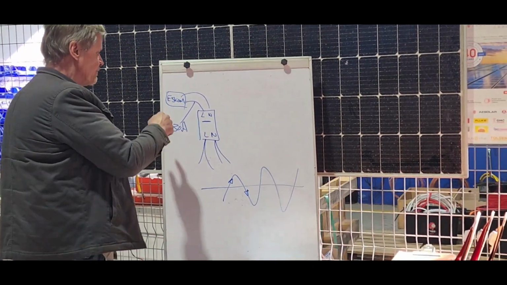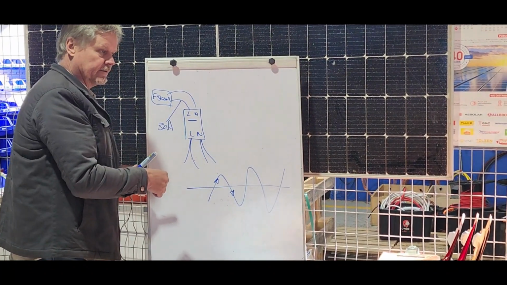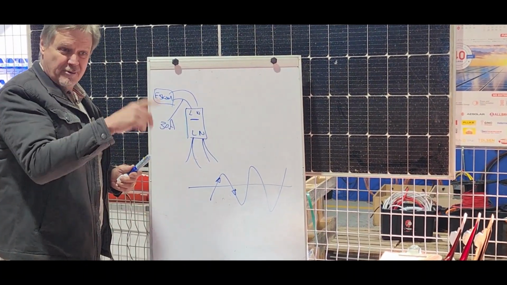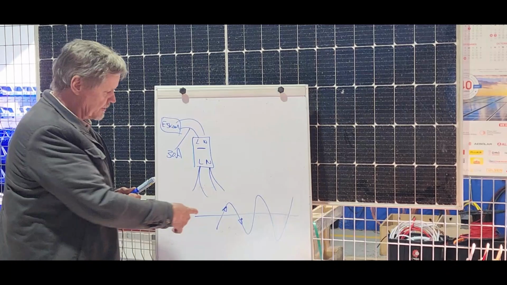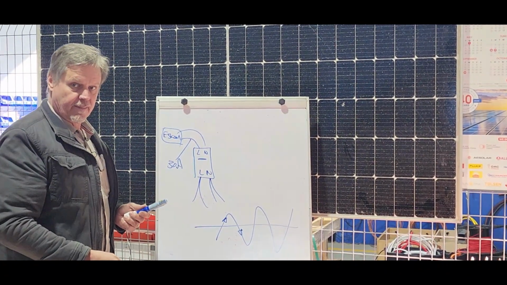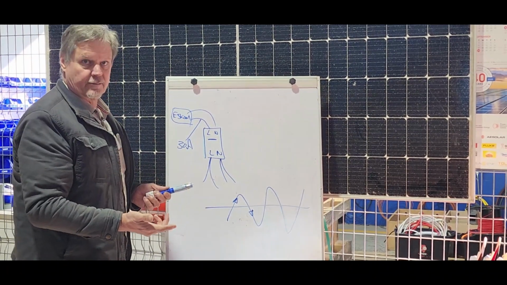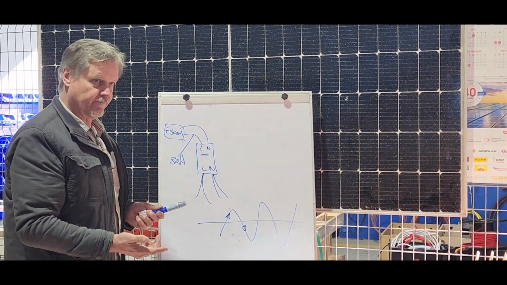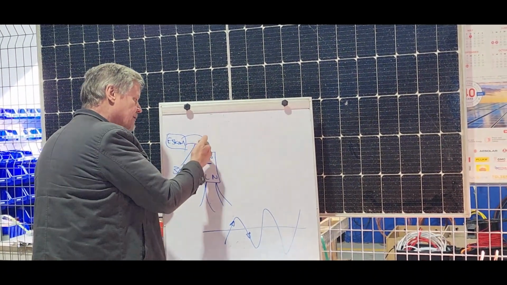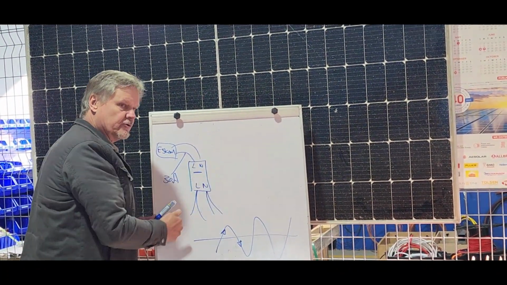So I'm saying here, which way is the current flowing? Yes, through the line. Both ways. Goes up and down. Yes, you agree, because it's AC. So in neutral, which way is the current flowing? Both ways, up and down, because it's AC. So you can clip the live and you can clip the neutral.